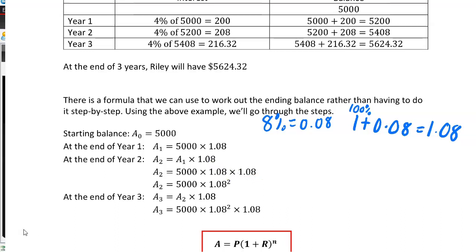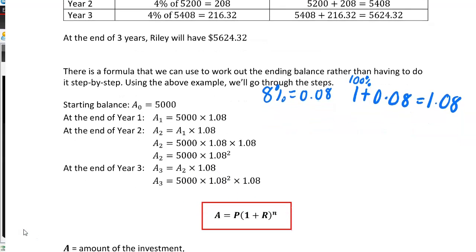Okay, that's 5,000 times by 1.08 squared. At the end of year 3, we've got year 2 times by 1.08. Okay, so year 2 is that. So 5,000 times by 1.08 squared times by 1.08. And I forgot to write that in.